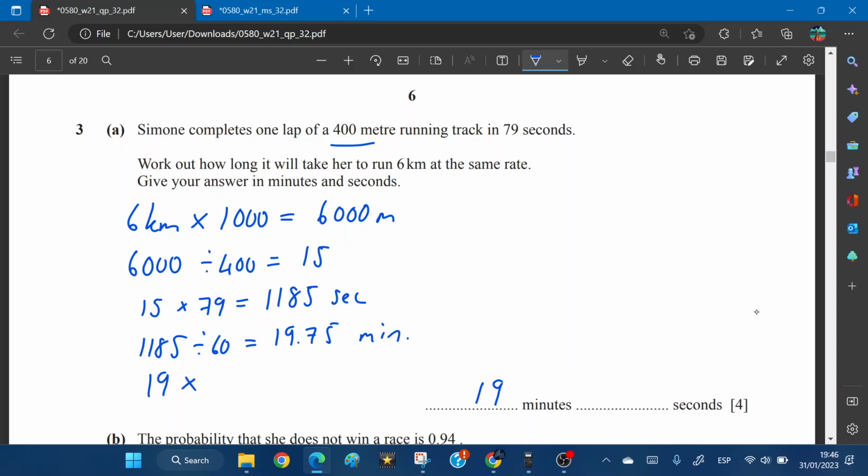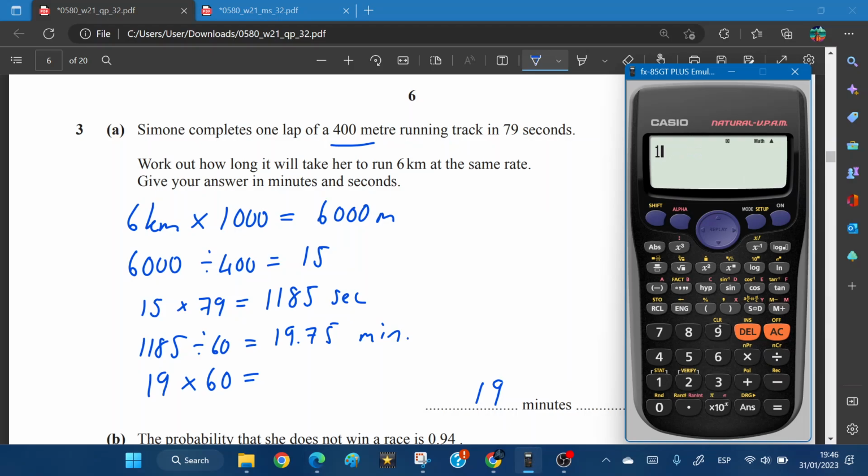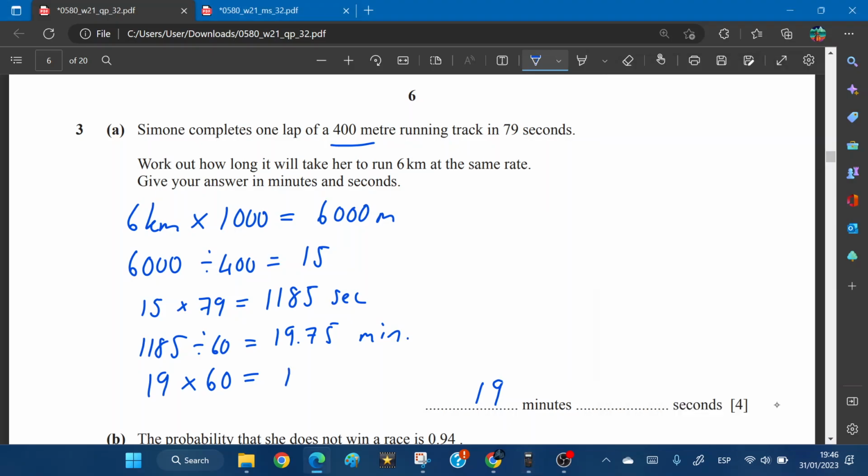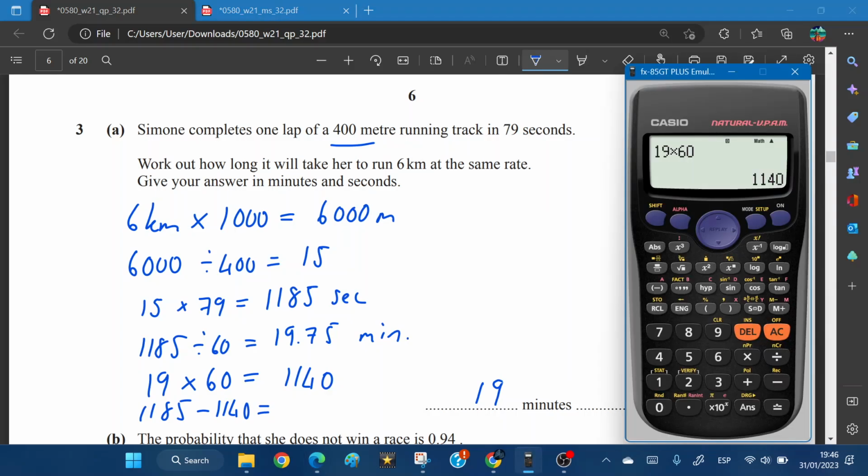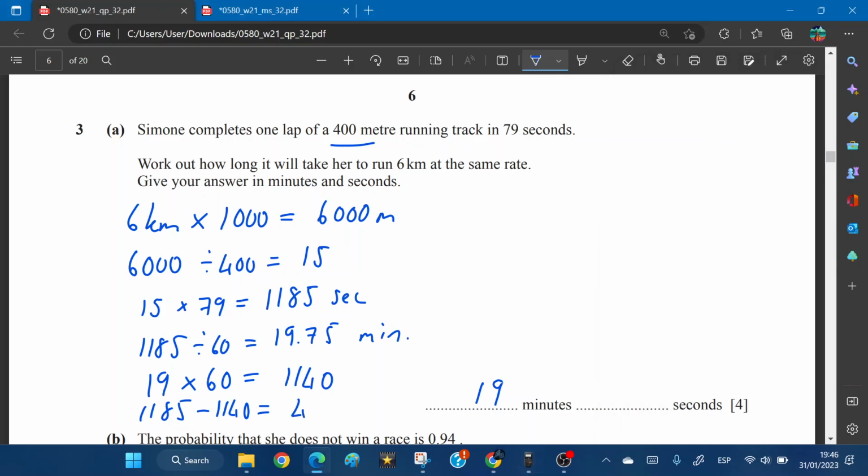We're going to times that by 60 to see exactly how many seconds that is. So we take the 19 minutes times 60. That's 1,140. So if we do 1185 minus 1140, our previous answer, we get 45 seconds. Now that makes more sense.